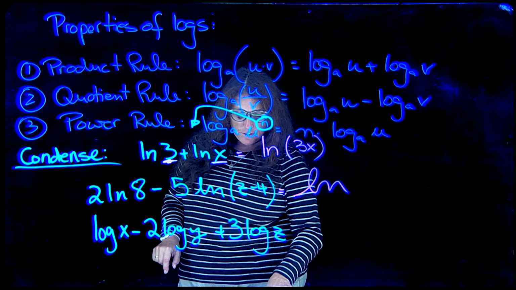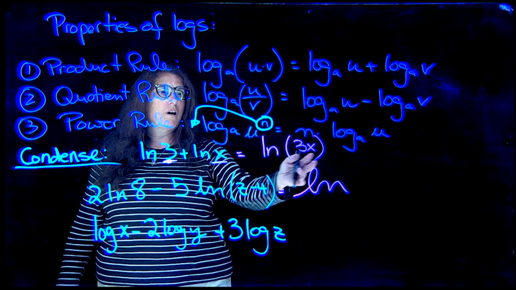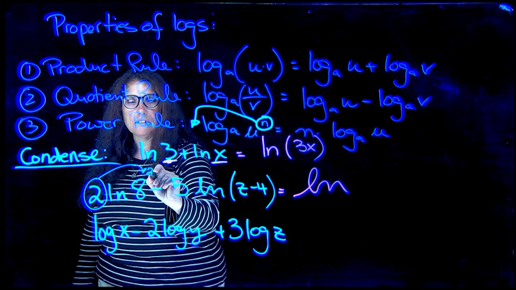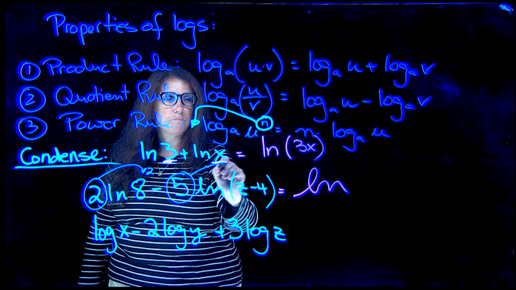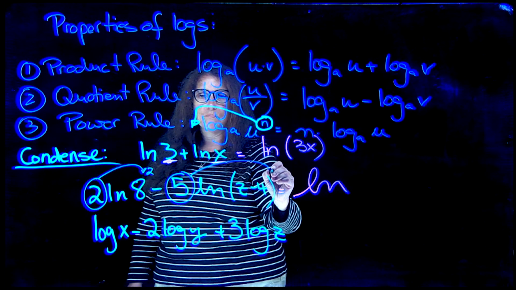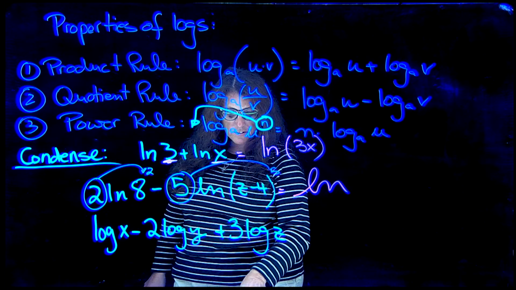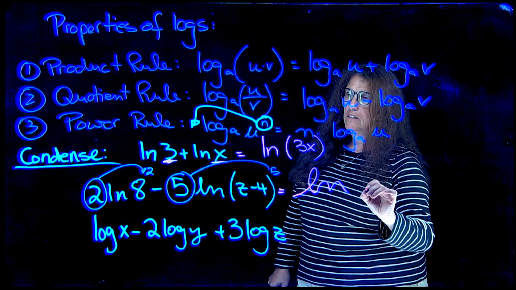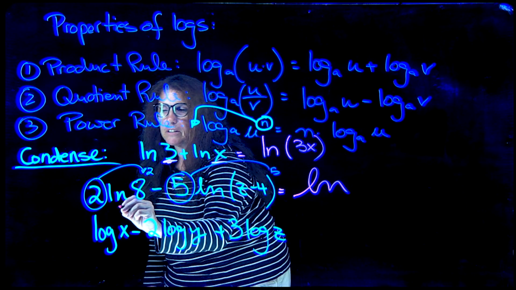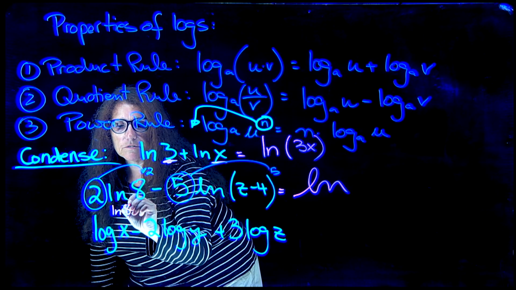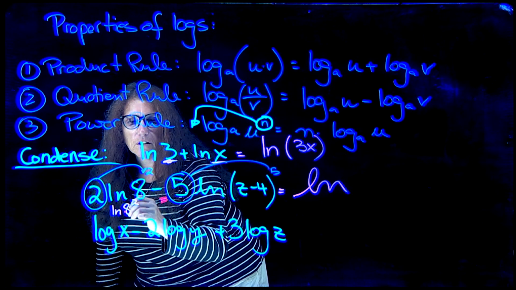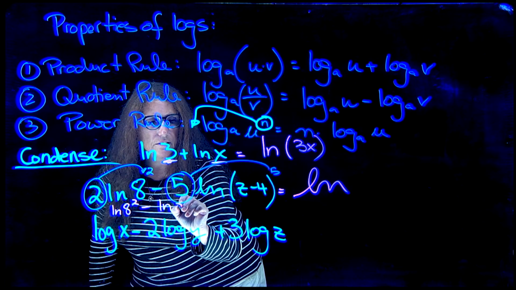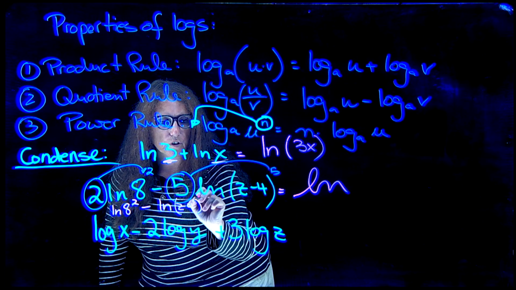So if I apply the power rule first, this 2 would have to come here, and this 5 would be the exponent for z minus 4. Okay, so let me do this first. So this becomes the ln of 8 to the second, of course that's the ln of 64, minus the ln of (z minus 4) to the 5th power.